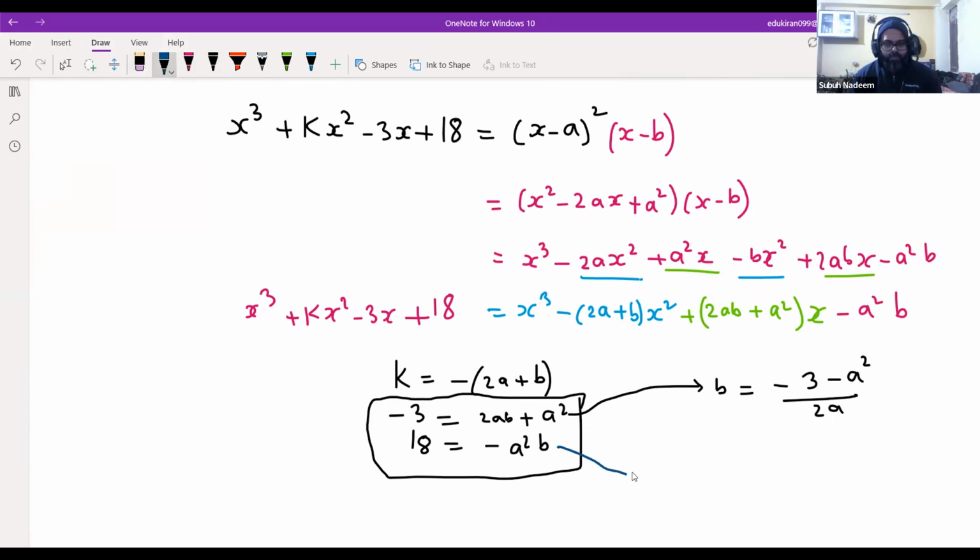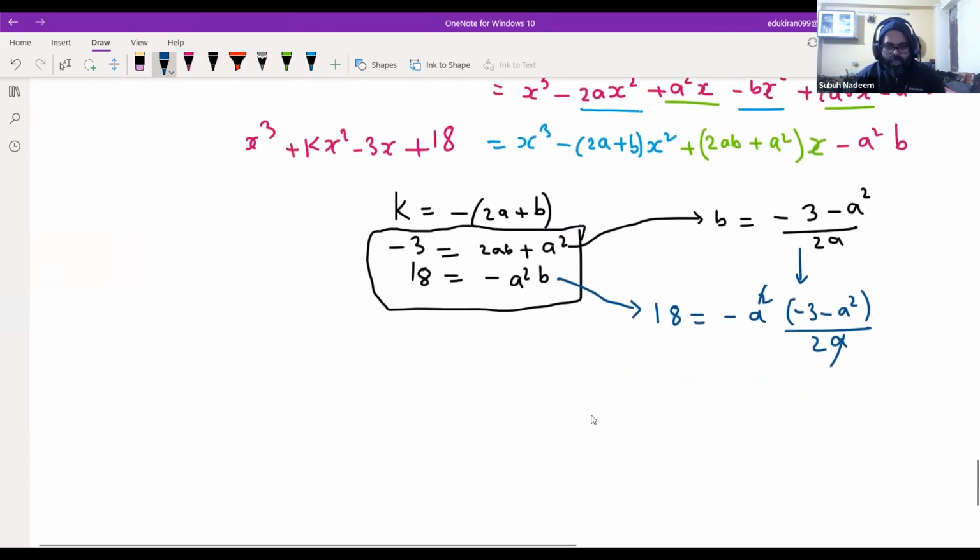Yes, sir. And then 18 is equal to minus a square into b. B you can put from here. So this is minus 3 minus a square by 2a. This is b. So 1a cancels.